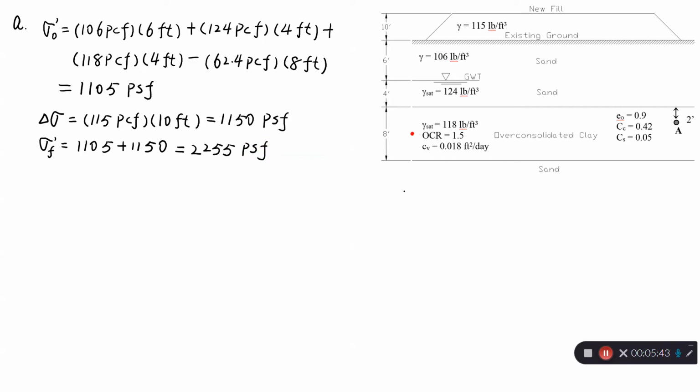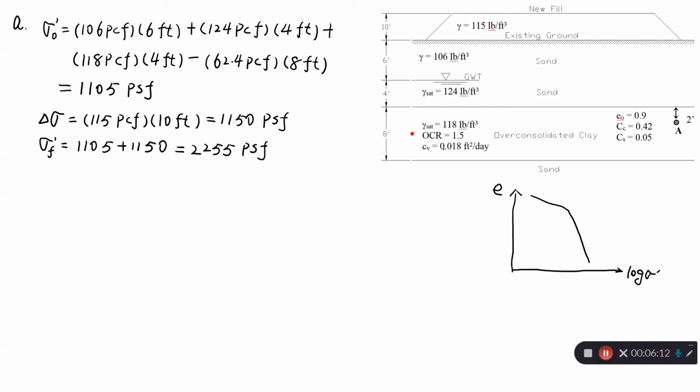Right, so remember the three cases, which equation we're going to use. Typically I like to draw the void ratio and the log effective stress relationship, so that way I don't need the equation slide.